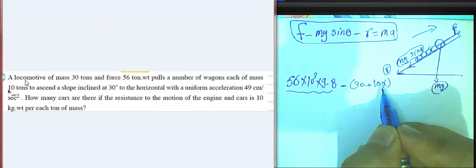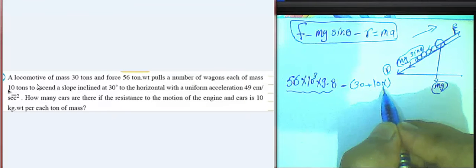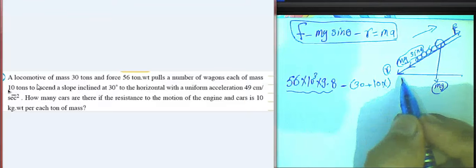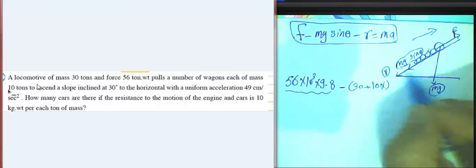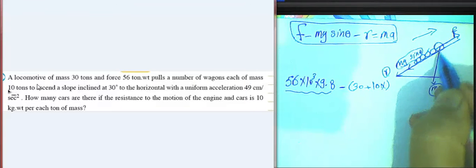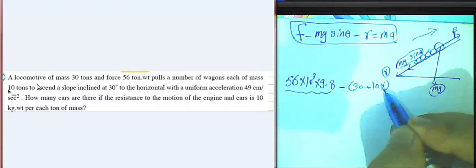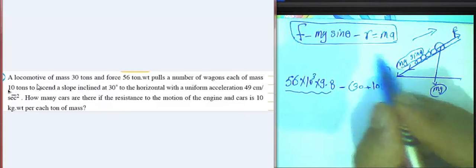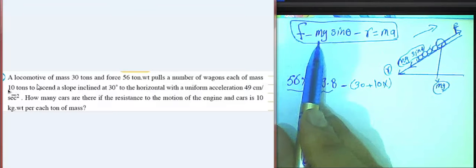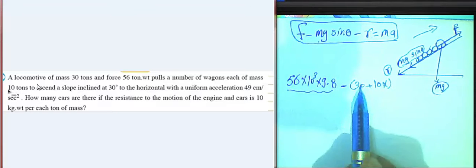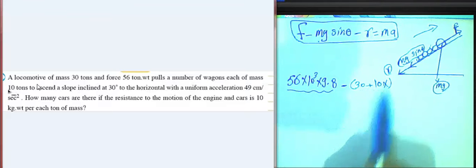I don't know the number of cars, so I can write 10x as the total. Again, the total weight will be 30 ton plus 10x. x refers to the number of cars. Okay, we can write here m equals 30 plus 10 multiplied by x.